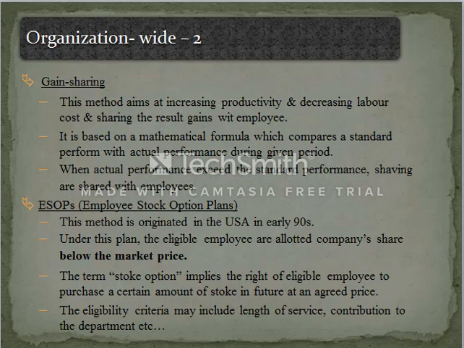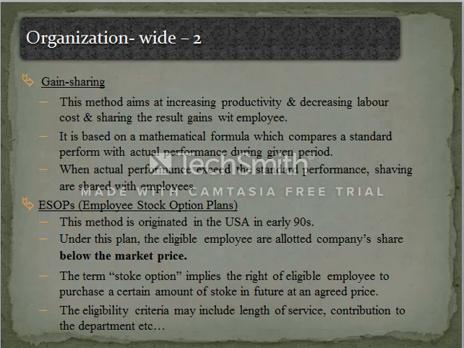Again, I am saying there is some calculation involved in this gain sharing formula, but we need not go into the calculation part. We need to just understand gain sharing.